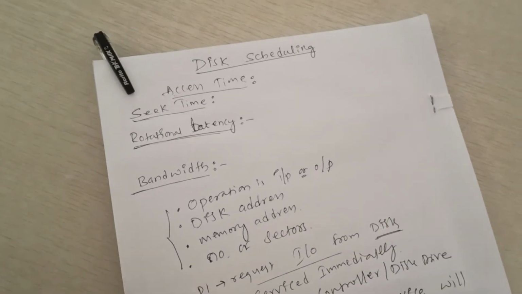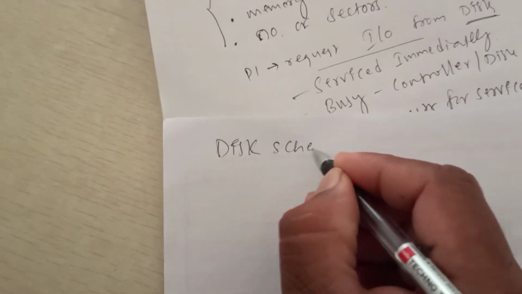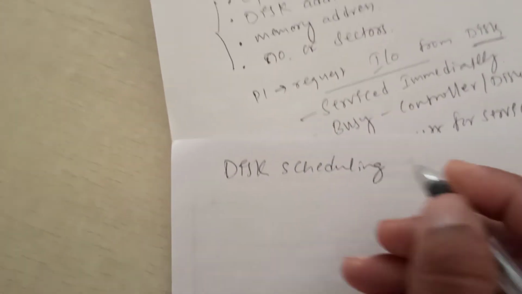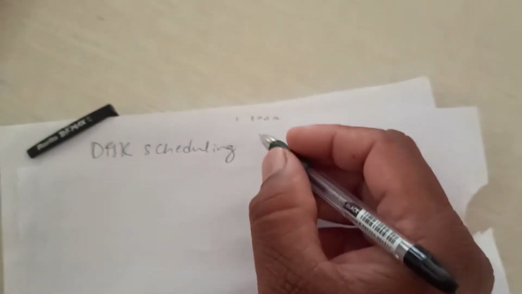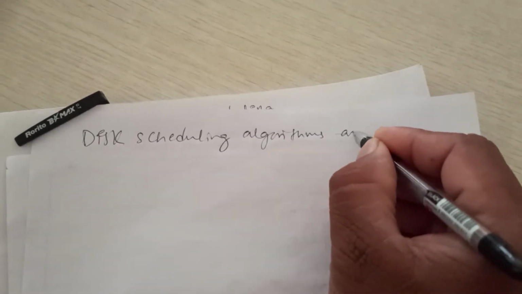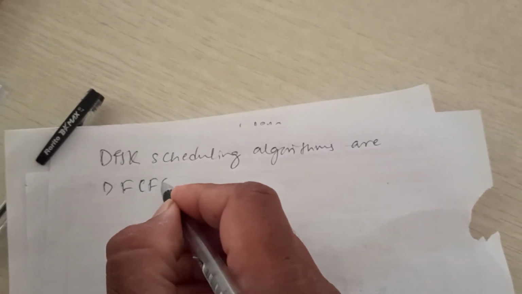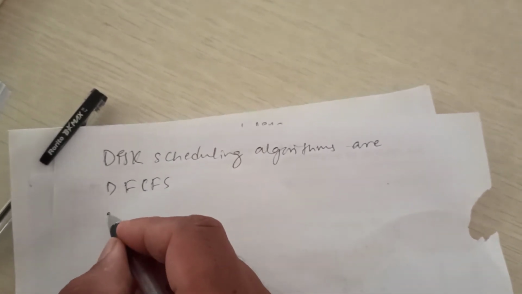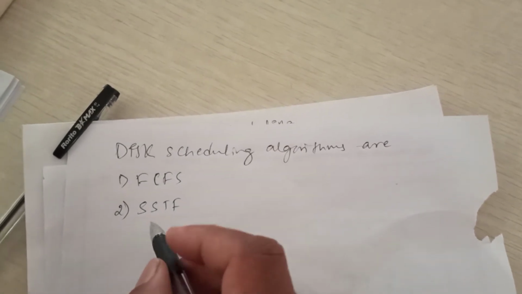There are different disk scheduling algorithms. The first one is FCFS, first come first serve. Second is SSTF, shortest seek time first.